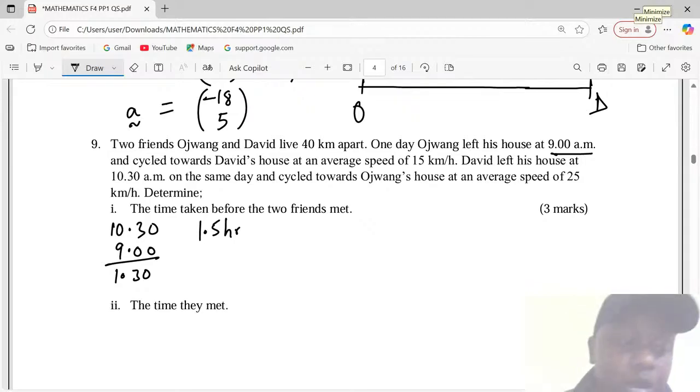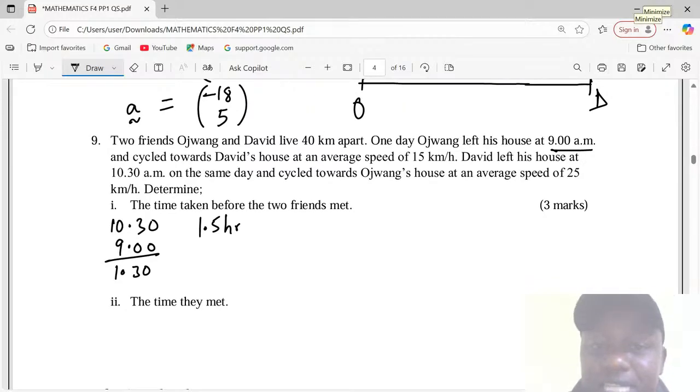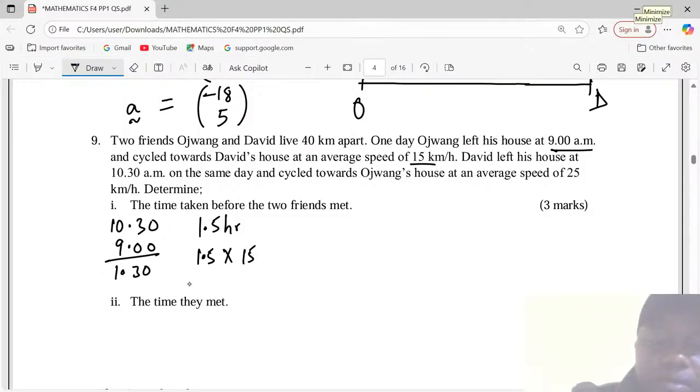And at this point now, we can talk about the distance covered by Ojuang before David began his journey. This distance is going to be speed times time. He has traveled for 1.5 hours at a speed of 15. So when we take 1.5 times 15, ladies and gentlemen, we get 22.5 kilometers.